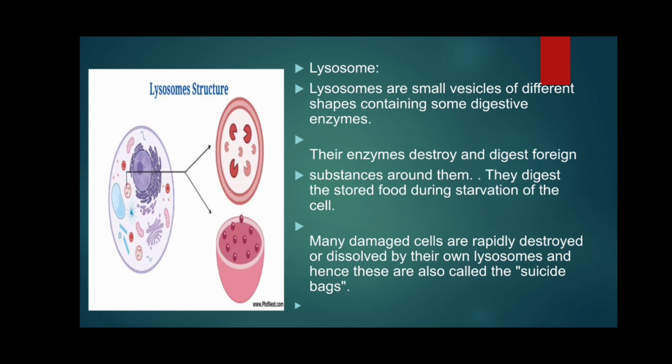When any cell organelle is misbehaving or not functioning well, the lysosome has the capacity to digest it. Sometimes the lysosome digests its own cell. That's why it is also known as the suicidal bag of the cell.